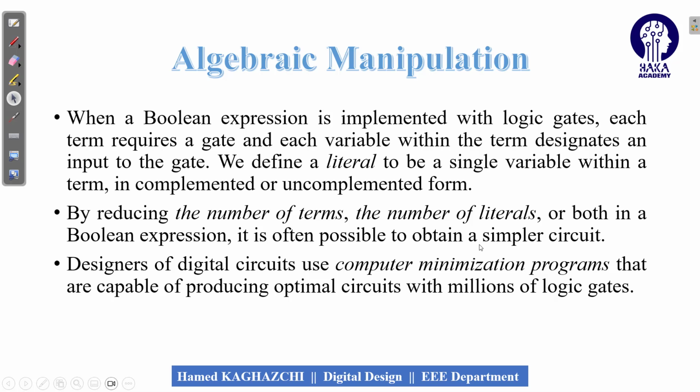Now, we said that before designing the circuit, we prefer to reduce the number of terms and literals. So the process of reducing the number of terms and literals is called algebraic manipulation. So what is a literal? A literal is a single variable within a term.